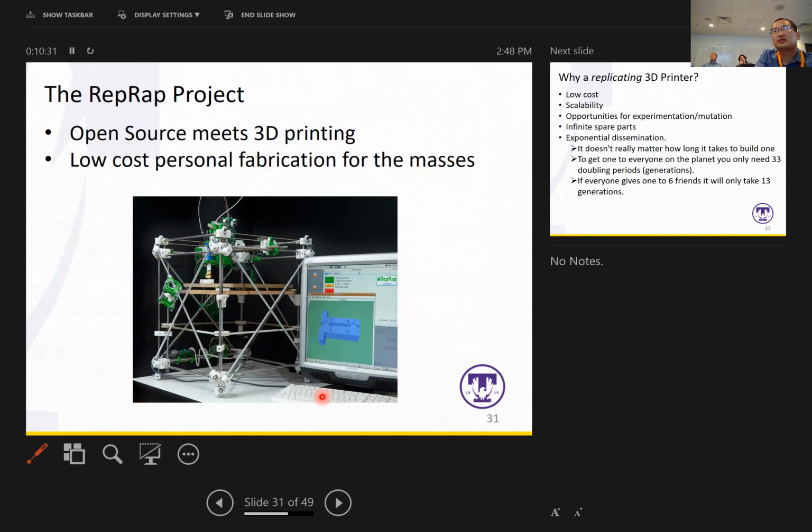Right. So they are open sourced, and the structure and also the mechanism is quite simple, which is good for spreading out, right?